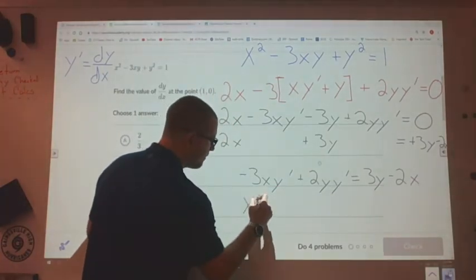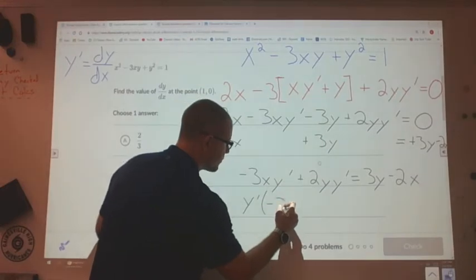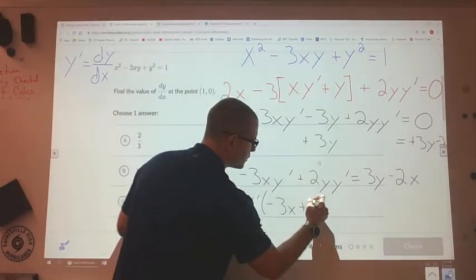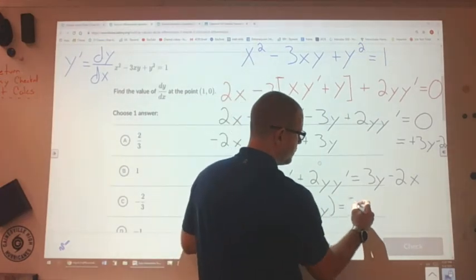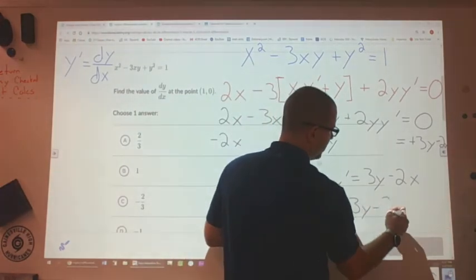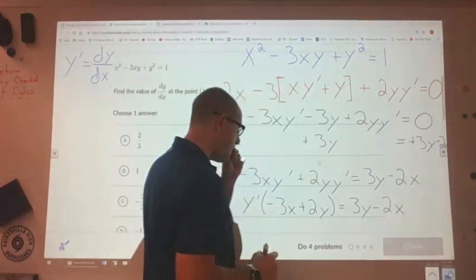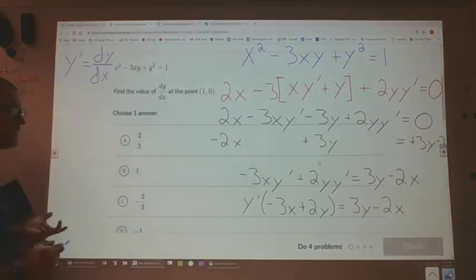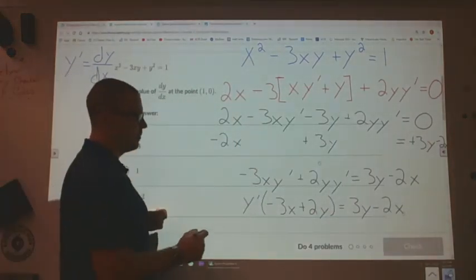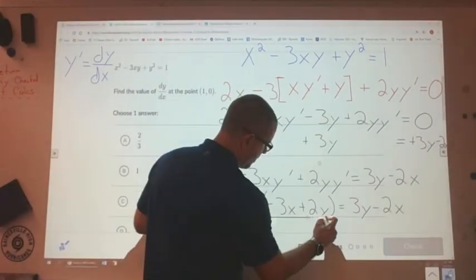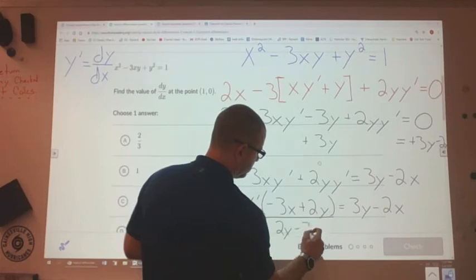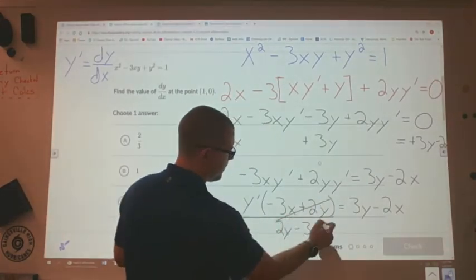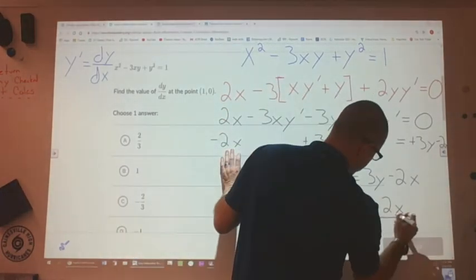Y prime times negative 3x plus 2y is equal to 3y minus 2x. And then I can just divide. So that's what I'm going to do. I'm going to divide out this, 2y minus 3x. And the same thing over here.